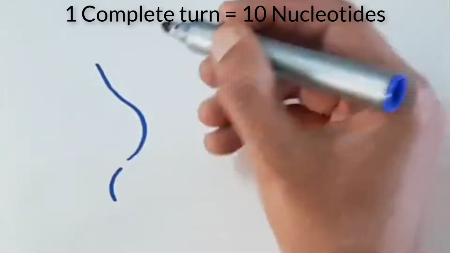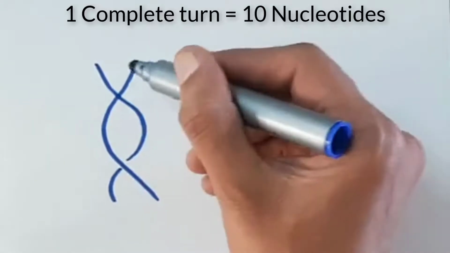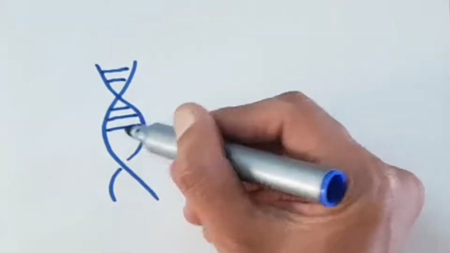Complementary means combining in such a way that they are compatible to each other or they support each other. Now, one complete turn of DNA consists of 10 nucleotides and is of 34 angstrom. 1 angstrom is 10 raised to minus 7 millimeters. So it's 34 angstrom long and 23 angstrom wide.